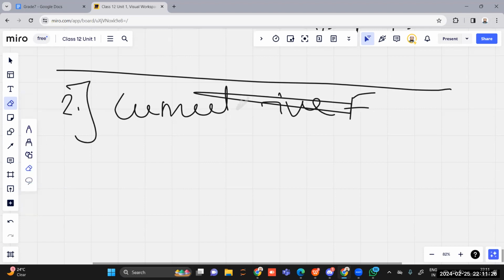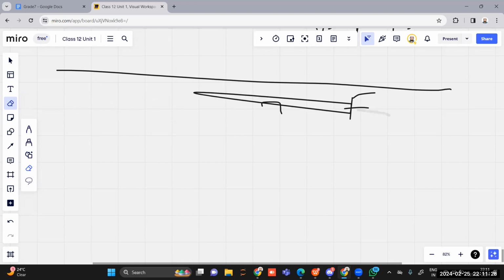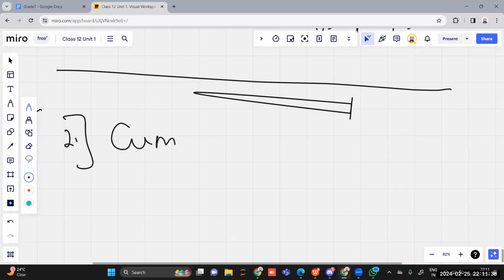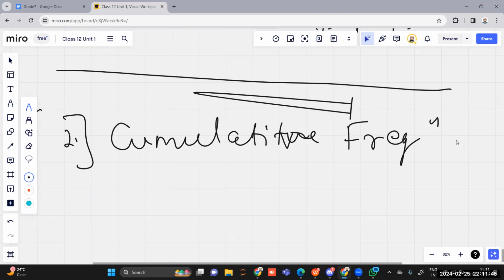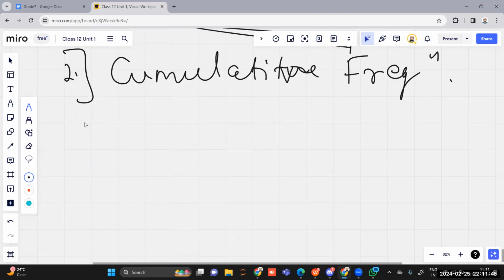How this occurs. This is not going, man. What is this happening? That's what is cumulative frequency. Cumulative frequency. So suppose I have the observations.